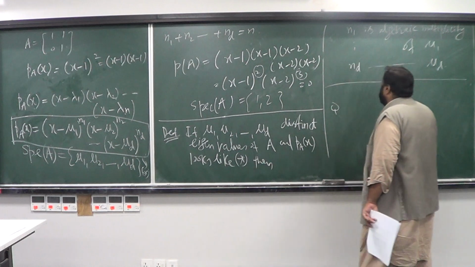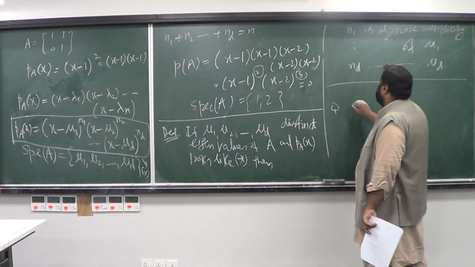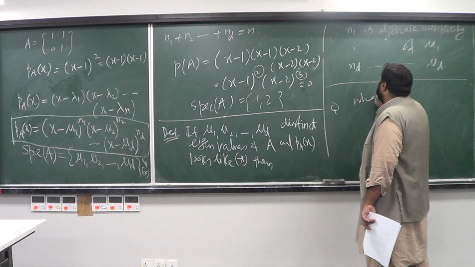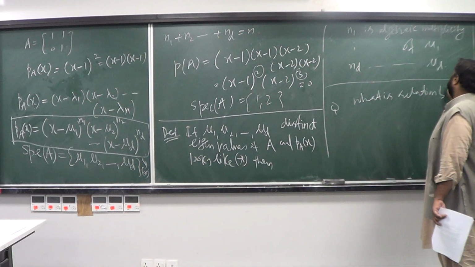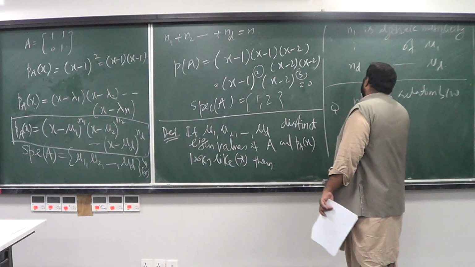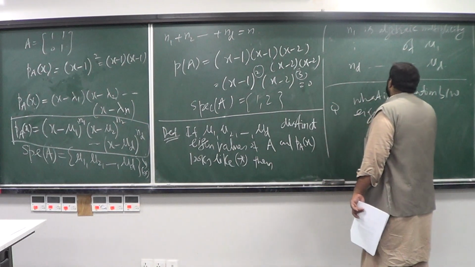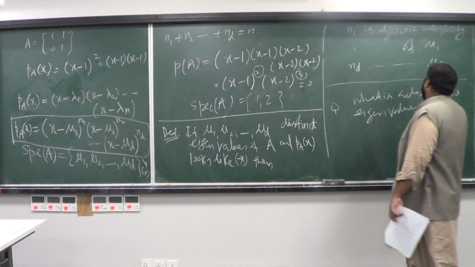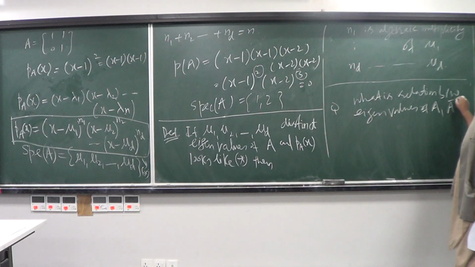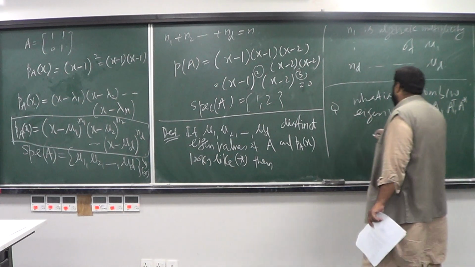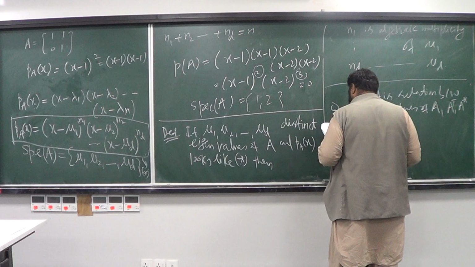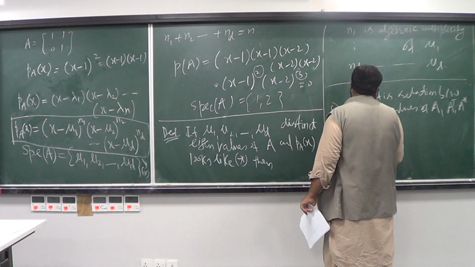The question is, what is the relation between eigenvalues of matrix A, A transpose, we know that they have the same eigenvalues, A conjugate transpose, and A conjugate?